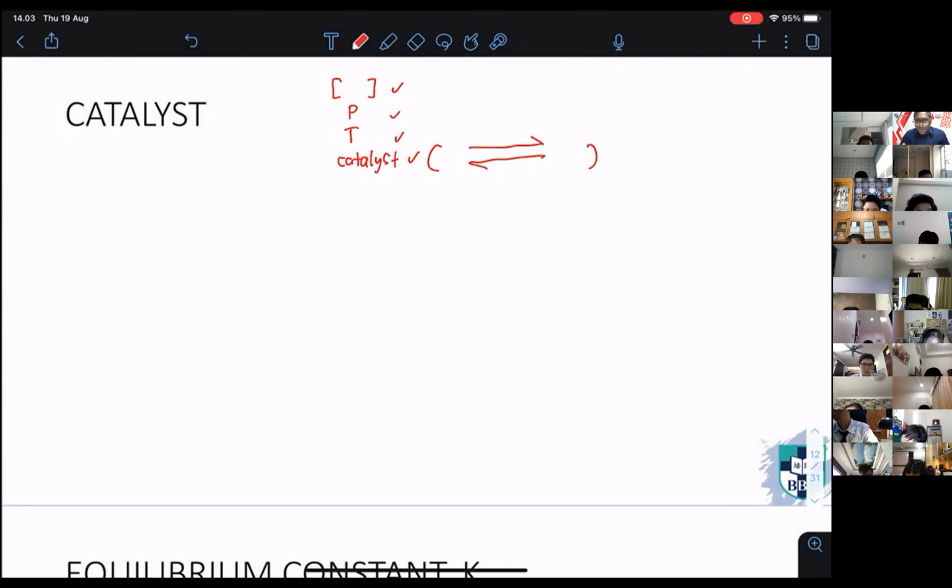The answer is no. Only these three will affect the position of the equilibrium. Catalysts do not affect position of the equilibrium. Why? Because they increase both forward and backward rate. So there won't be any problem when it comes to position of the equilibrium. So that is going to be about catalyst.